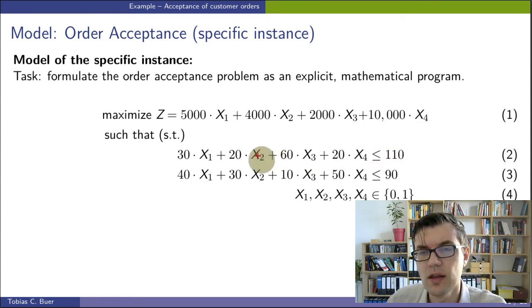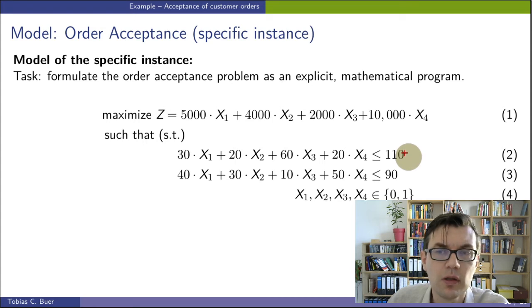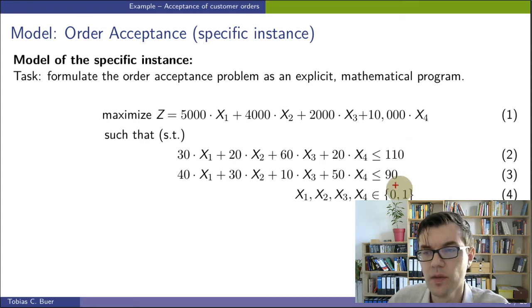And all the hours that we need for manufacturing need to be smaller or equal to the available hours, and we have 110 hours available, so we can only accept as many orders on machine number 1 as keep us below or at most equal to 110 hours.